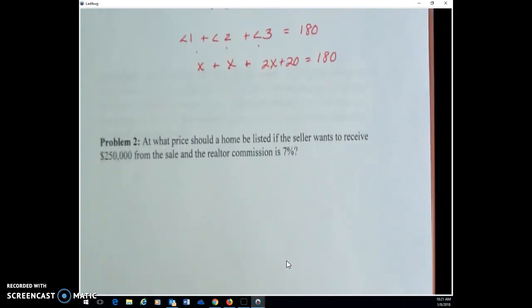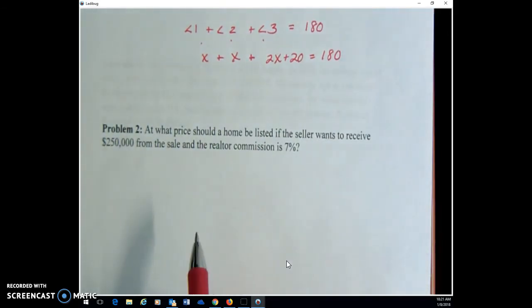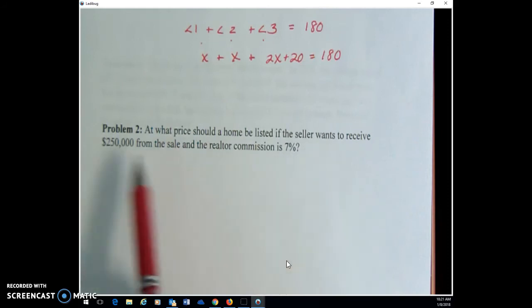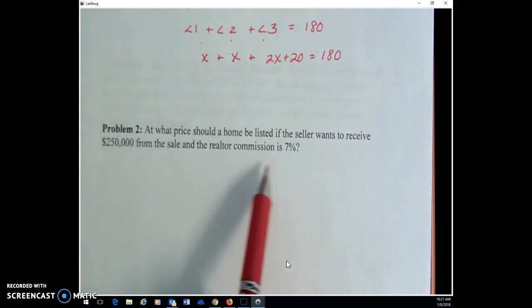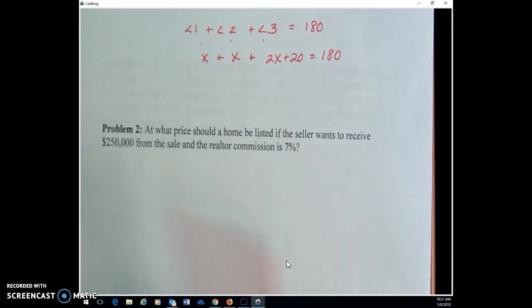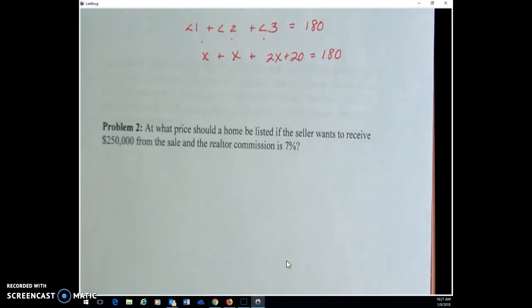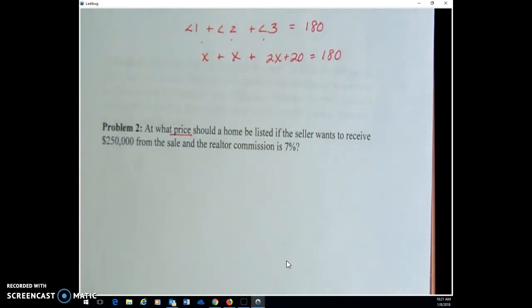Now this next one: what price should a home be listed at if the seller wants to receive $250,000 from the sale and the realtor commission is 7%? It's real tempting. I notice some students want to just take that 7% times the 250, call it that, and subtract that somehow. But we want to know what the initial list price is.